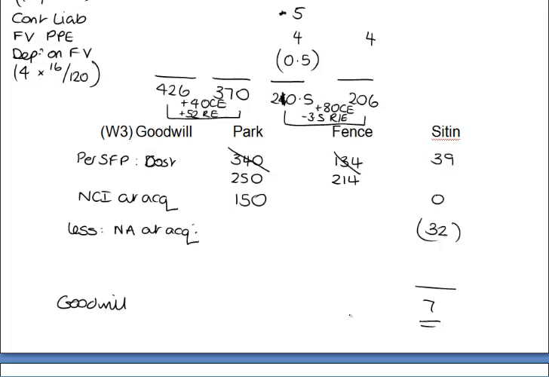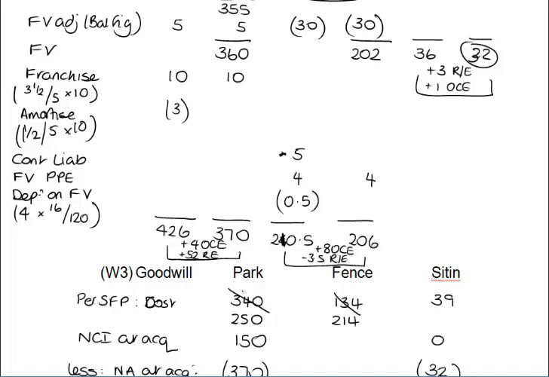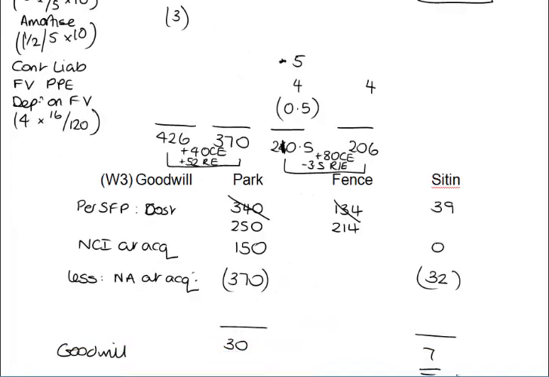Our net assets at acquisition, 370 for Park, which means that goodwill is 30. And for Fence at acquisition, we are saying that net assets are 206.